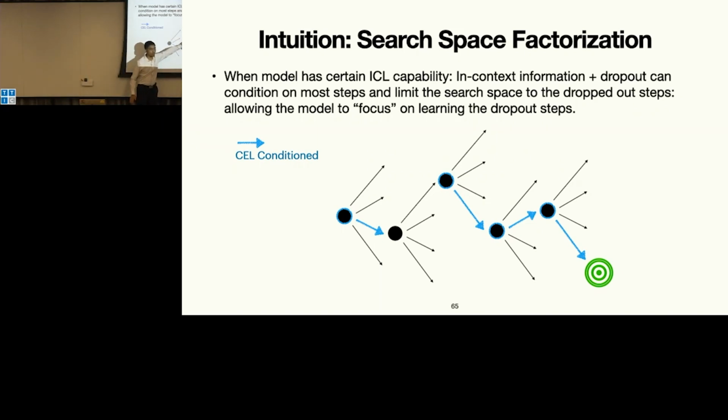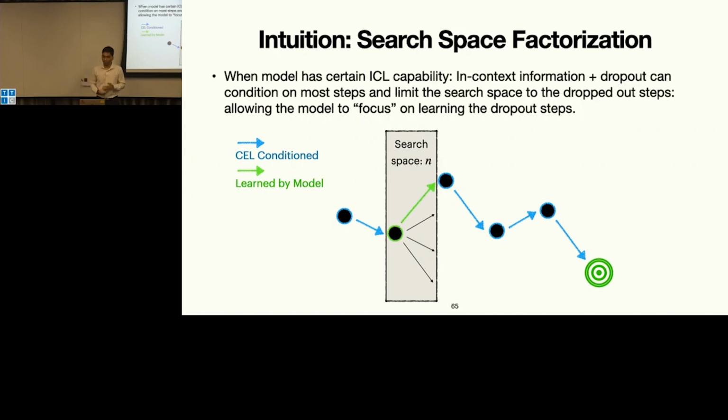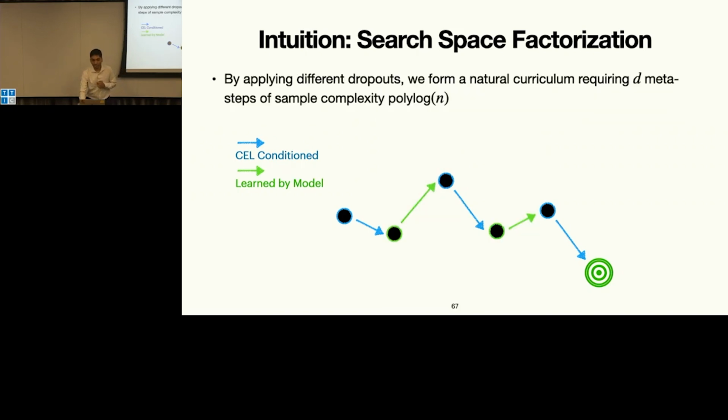If just one step is missing, it only needs to search for the missing step. Then the search space becomes linear in the number of possibilities. We can show that we can repeat this process only polylog n times and then learn this task more efficiently. That's what gives you the d log d sample complexity, because you just need to condition on the known rules and learn only the missing ones, and that reduces your search space.